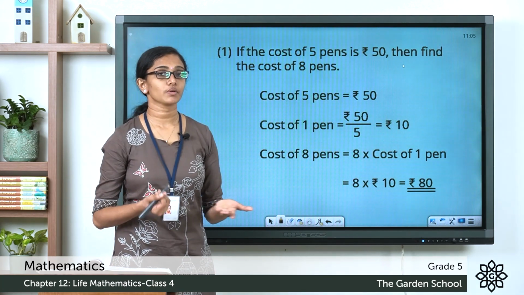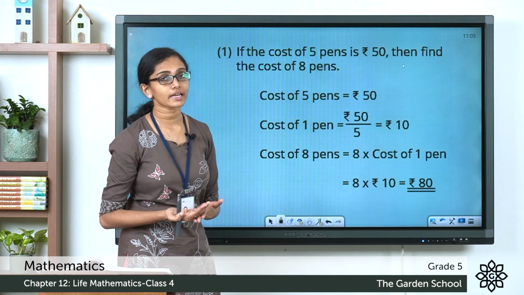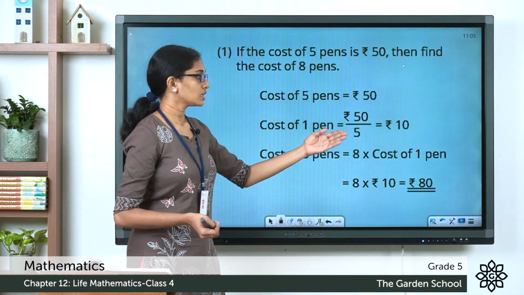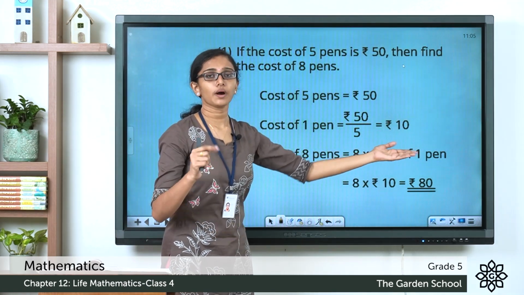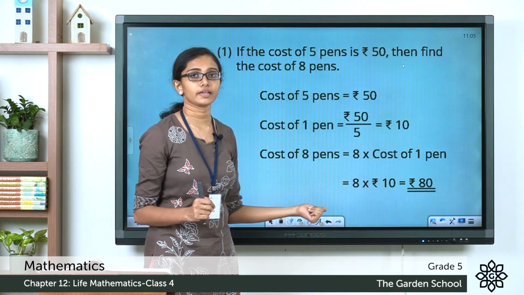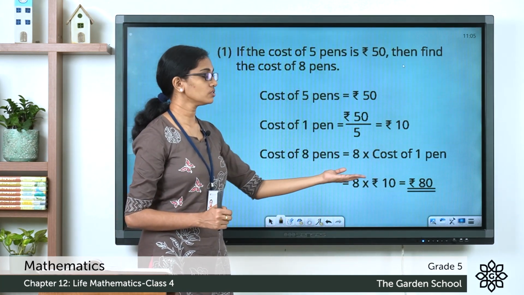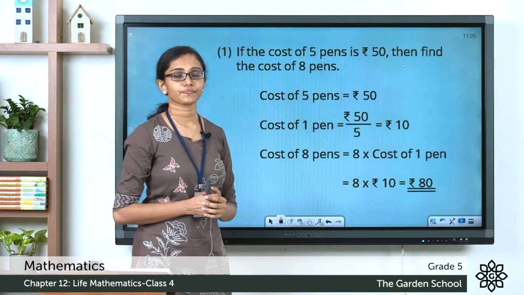So the required number of units is equal to 8. So the value of the required number of units is equal to the number of required units into the value of 1 unit. So that is equal to 8 into the cost of 1 pen. That is 8 into rupees 10, which is equal to a total of rupees 80.